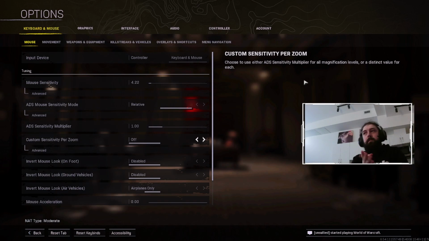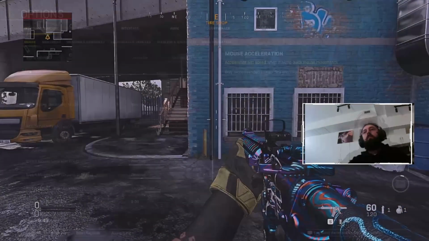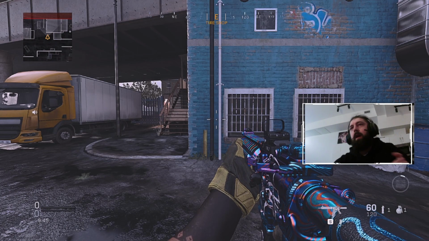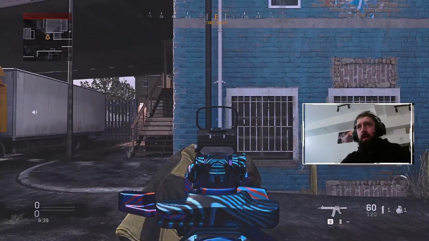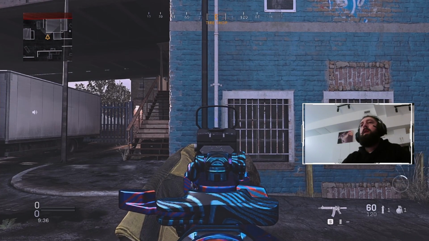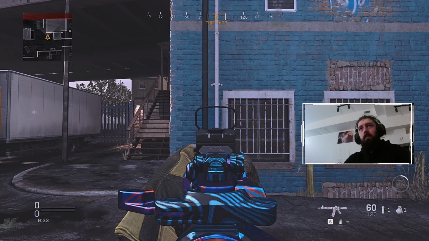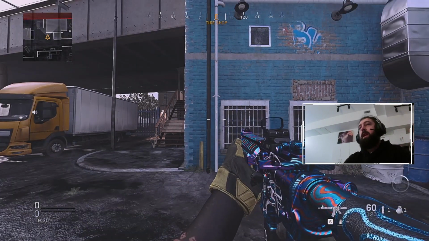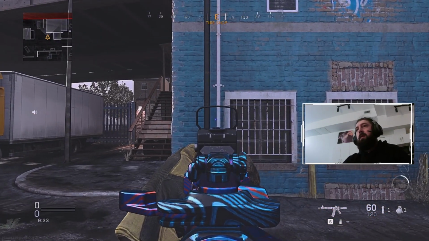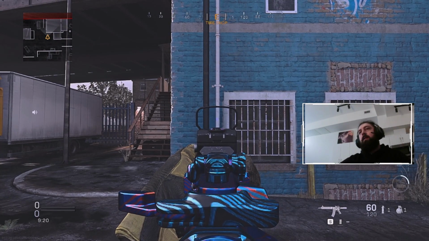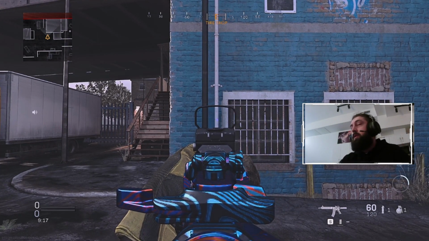So how do I measure? The only accurate way to test your in-game sensitivity is to take your mouse, and if I had a mouse camera, this would be awesome, but you want to take your mouse and move it to the edge of your mouse pad, the furthest point to the right. And you're going to start at a point.